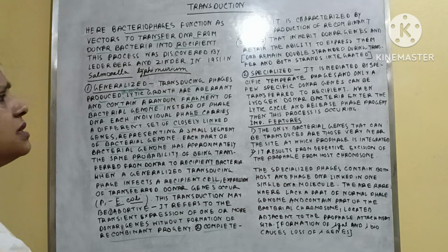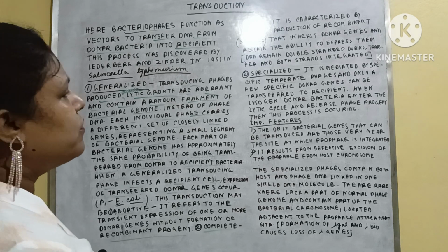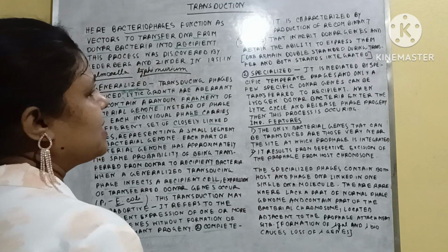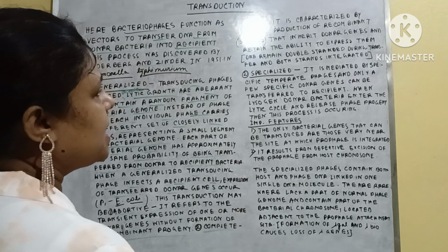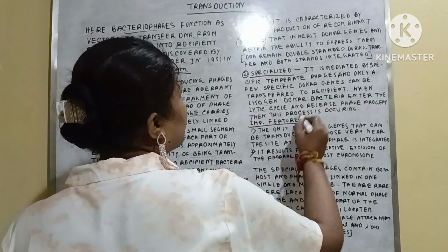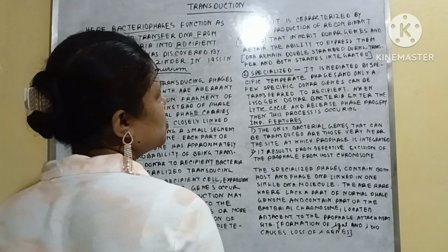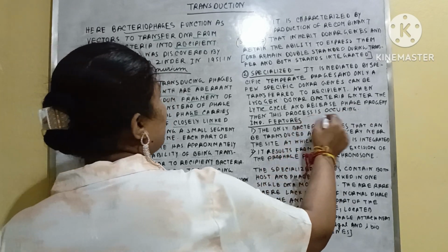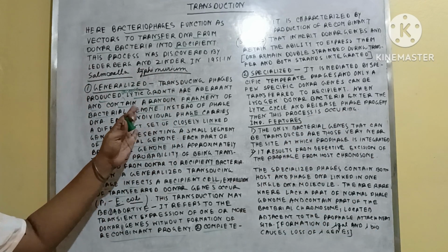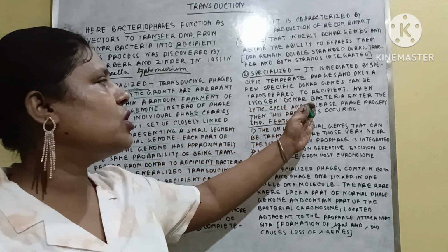This process occurs when the lysogen donor bacteria enter the lytic cycle and release the phage progeny. Simply put, the lytic cycle is needed here as well.